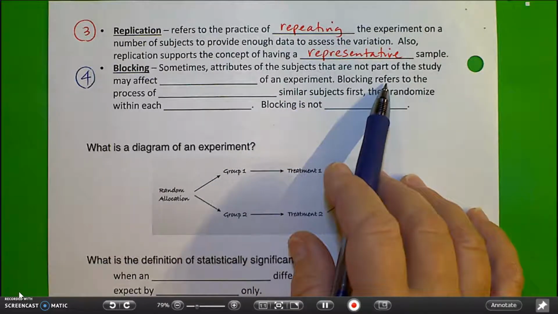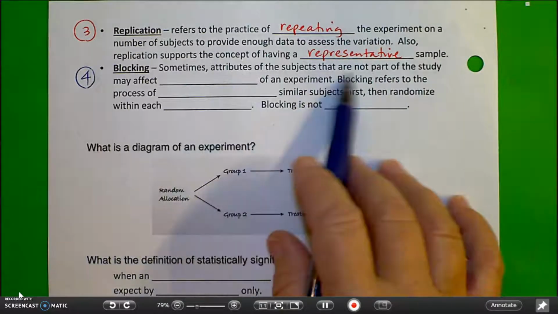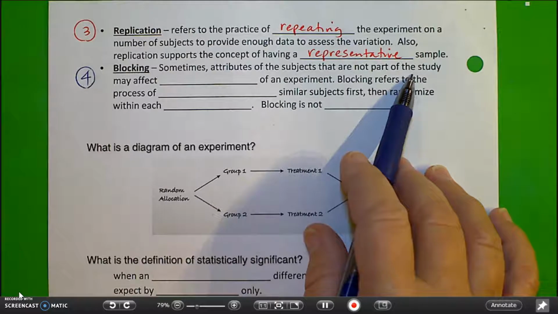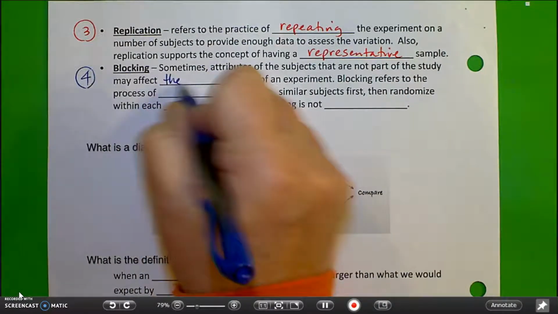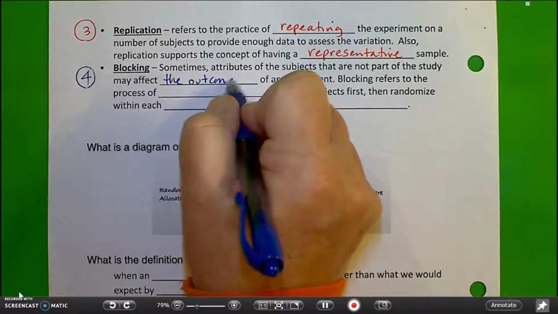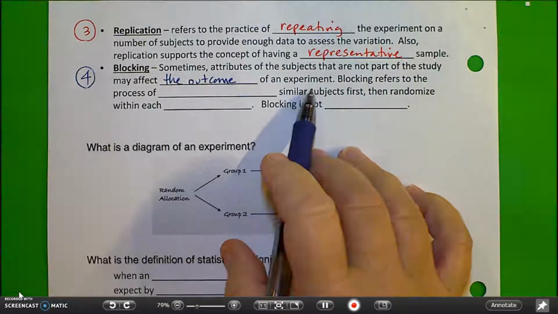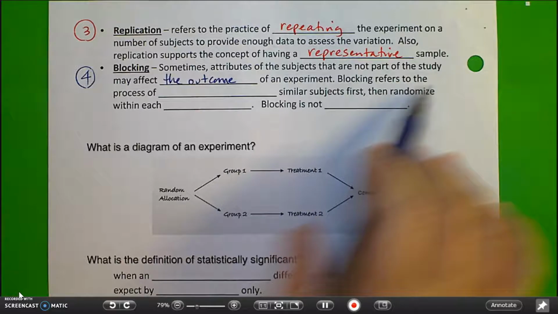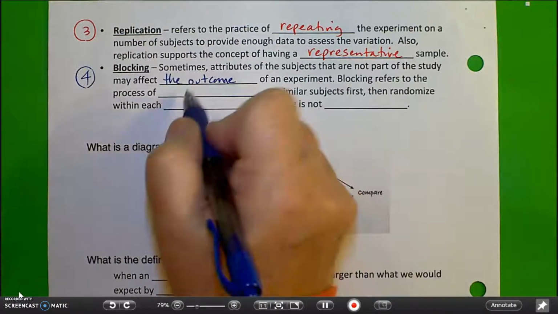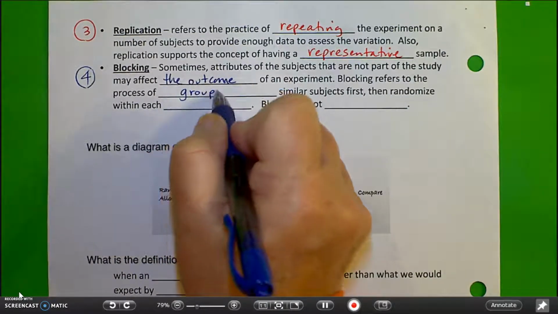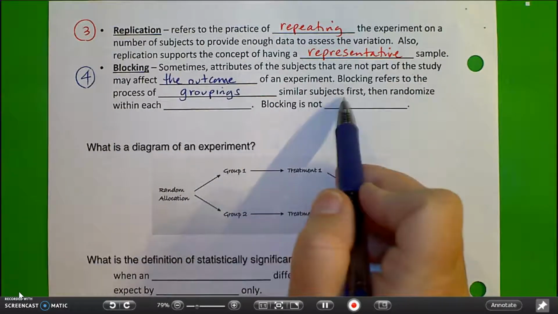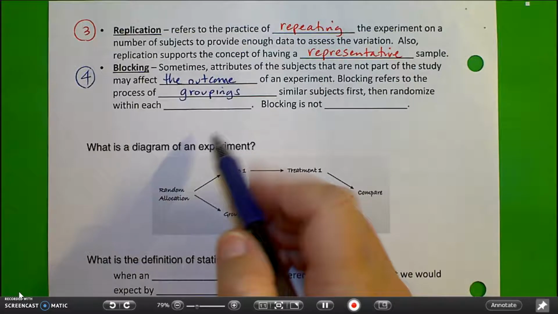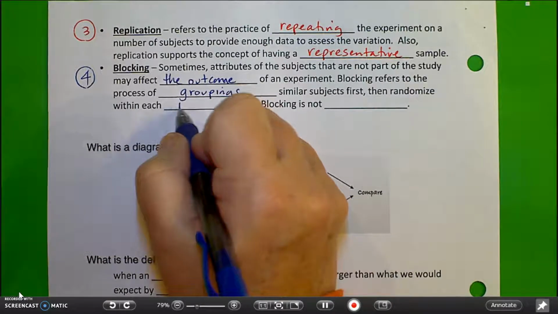These attributes may affect the outcome or your response variables of an experiment. Blocking basically refers to the process of grouping similar subjects first based on whatever attribute is the same, then randomizing within each group or block.